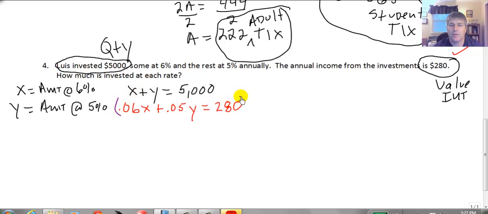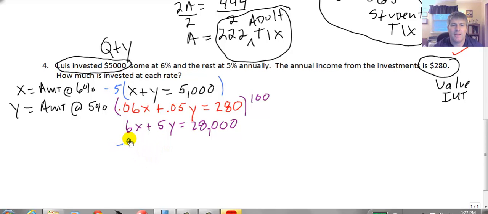I don't like the decimals, so I'm going to go ahead and multiply that whole equation by 100, so I get 6x plus 5y equals 28000. That's $28,000. And then I'm going to multiply the entire top equation by -5.